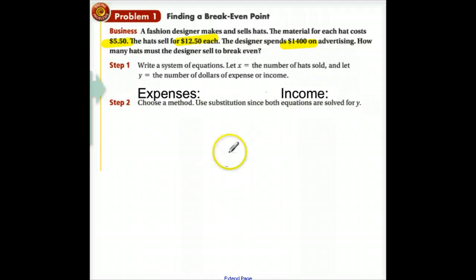All right, so we're going to write a system of equations. First, we are going to write an equation just for the expenses the fashion designer has to make. So y is going to be the number of dollars that he either spends or makes. So first, for expenses, this is how much he's spending.